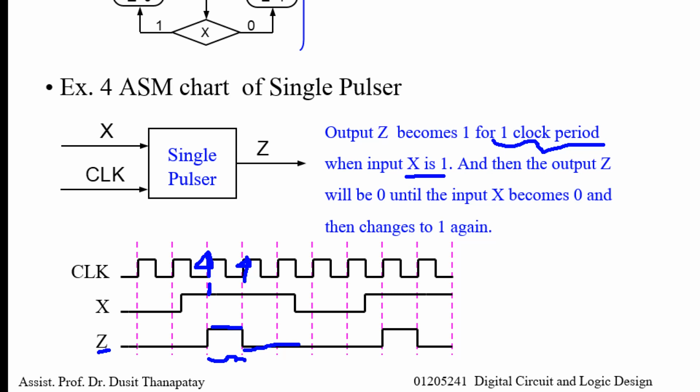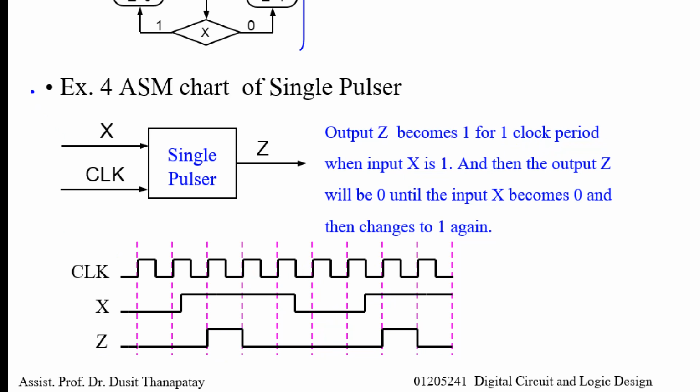Then it must wait until X is 0 and back to 1. That means when clock ticks and X is still 1, nothing changes, right? It must check whether X is 0 or not. If X is 0, it waits for the next X to be 1. Then it becomes 1 for 1 period of clock again.